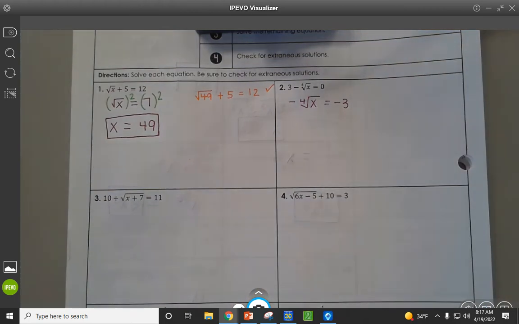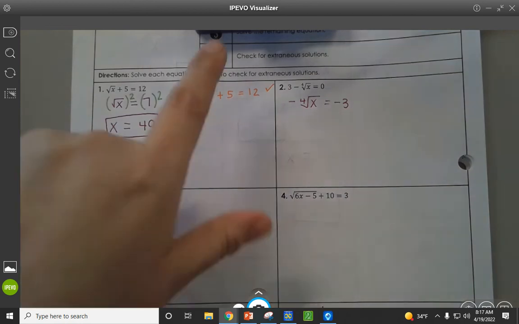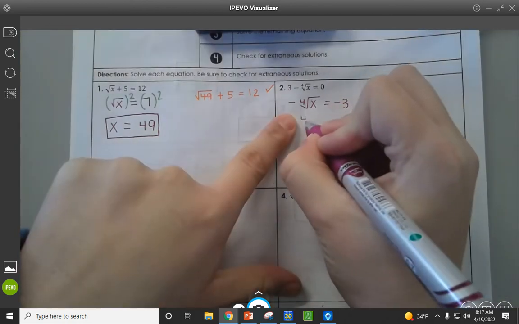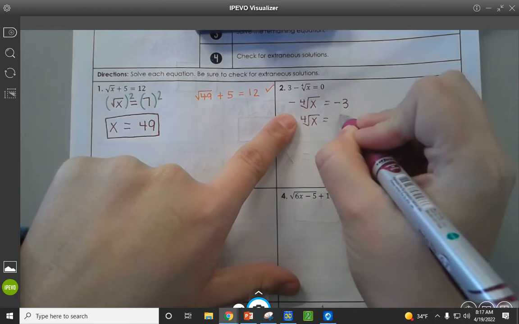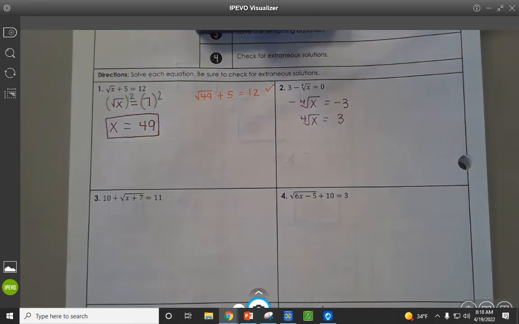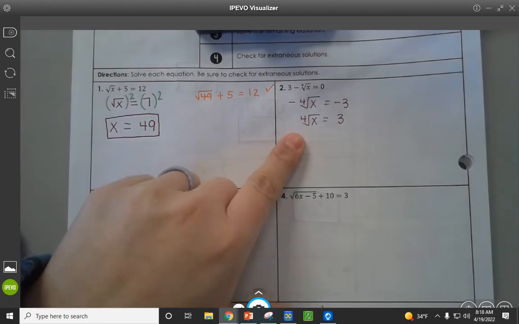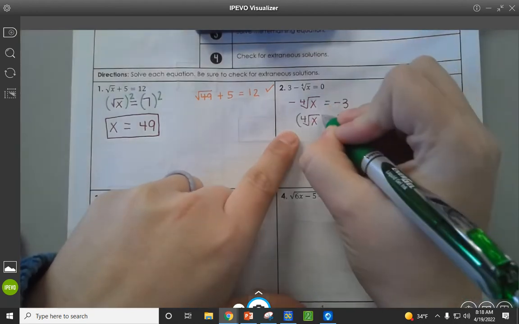And now I'm going to raise both sides to the power of 4 to get rid of the 4th root. And we get x equals, what's 3 to the 4th power? 81. Good.